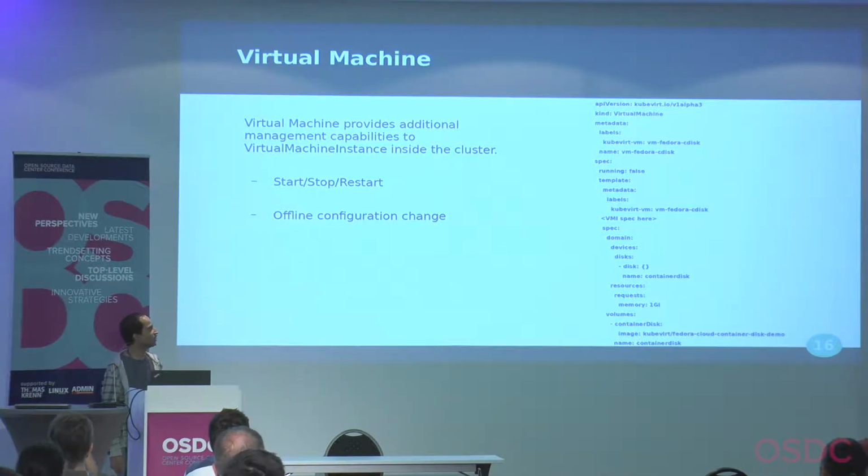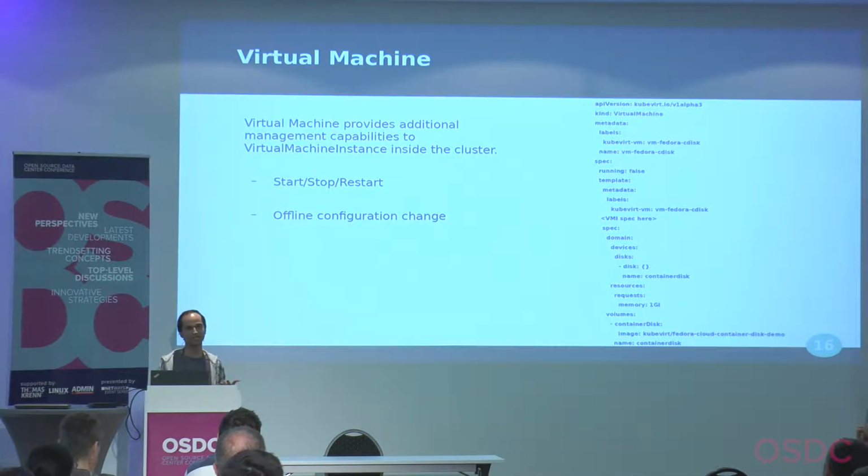On the right-hand side, we have an example of VM spec file. The section specific to the VM would be the template section. You may be wondering, what is the difference between a VMI and a VM object? The VMI would have just two events, just create and delete. But the VM would have create, start, stop, restart, and delete.